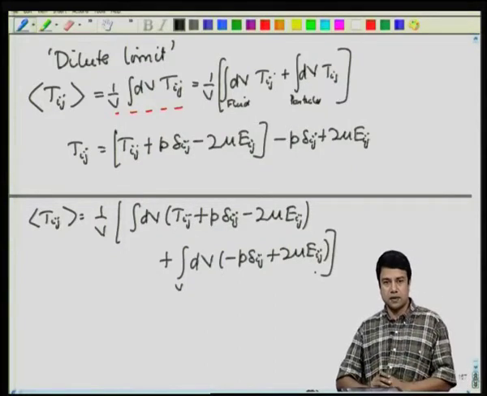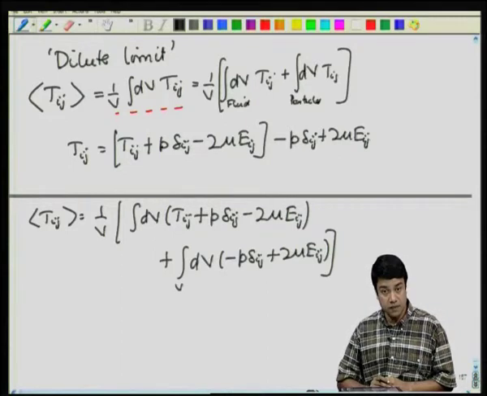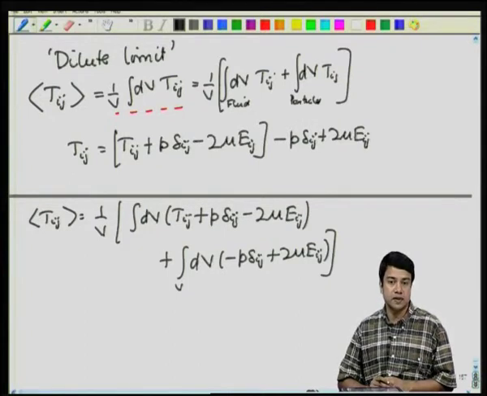So, that is the final expression for the stress tensor. Note that here I have taken mu as the fluid viscosity. So, I am adding and subtracting out the fluid viscosity times the symmetric traceless part of the rate of deformation tensor as also the pressure.